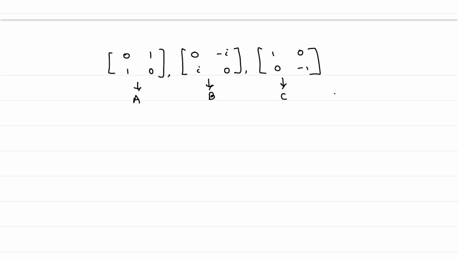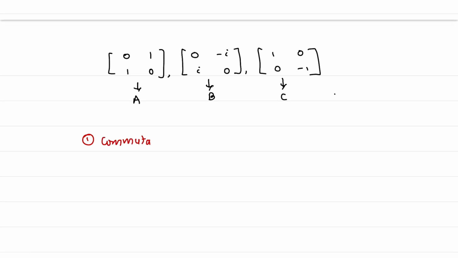or try to understand one commutation property. Among these matrices, are they commutative? Is AB equal to BA?